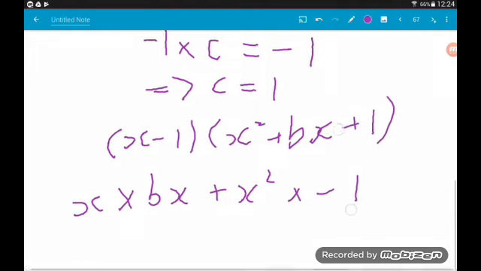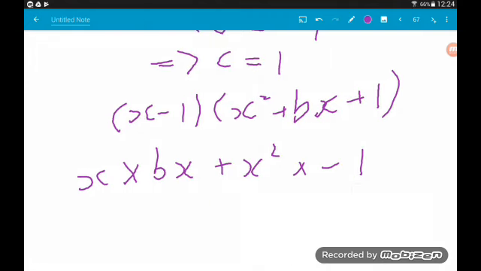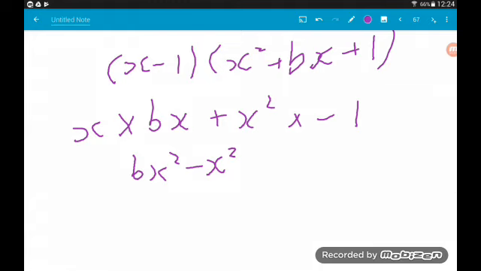If we sharpen this up, x times bx is bx squared, and minus 1 times x squared is minus x squared. We can factorise this into a single x squared term because we have a common factor of x squared. So this is b minus 1 lots of x squared.